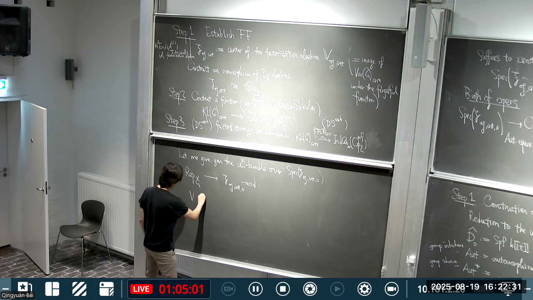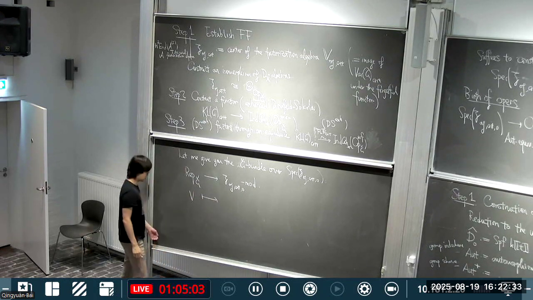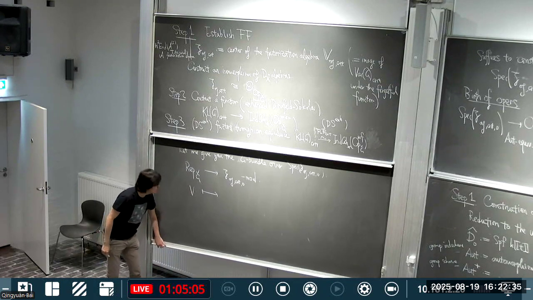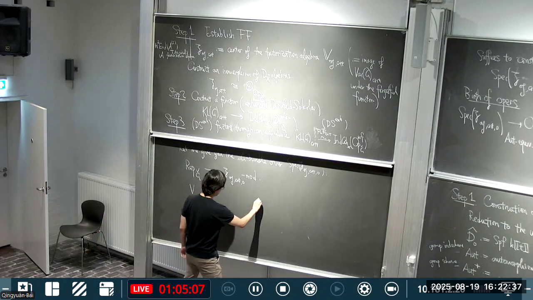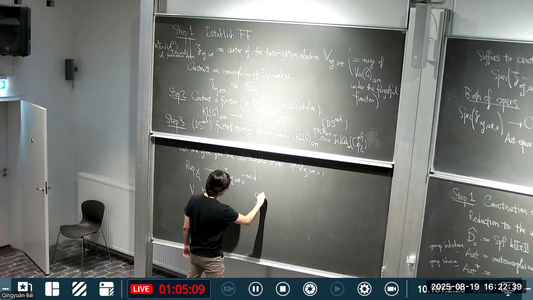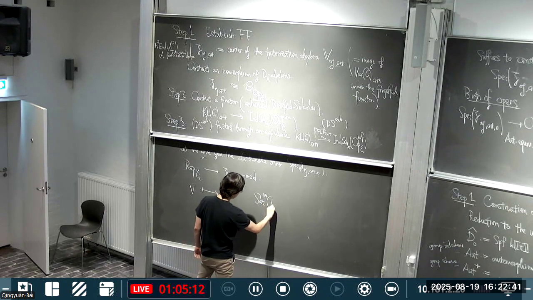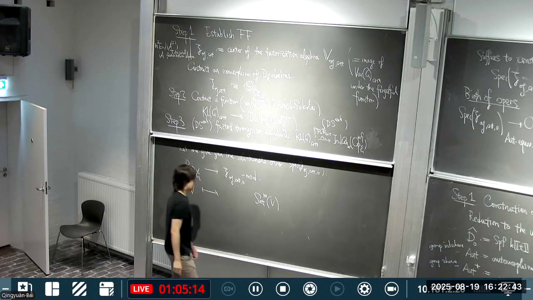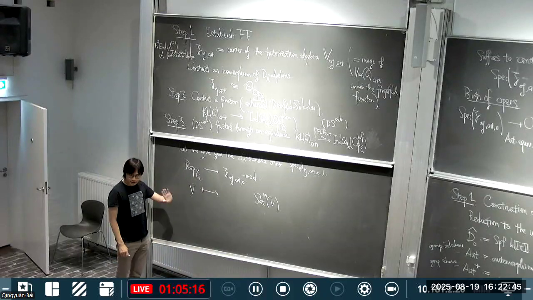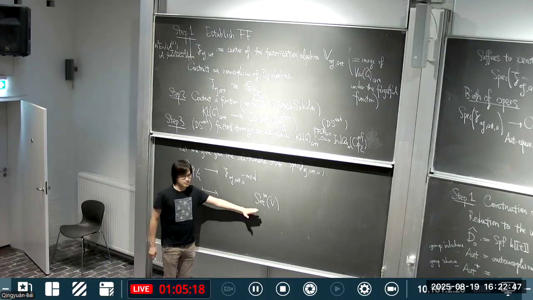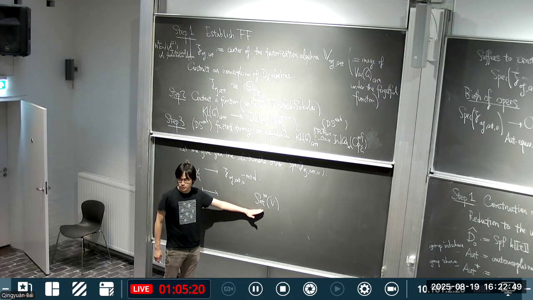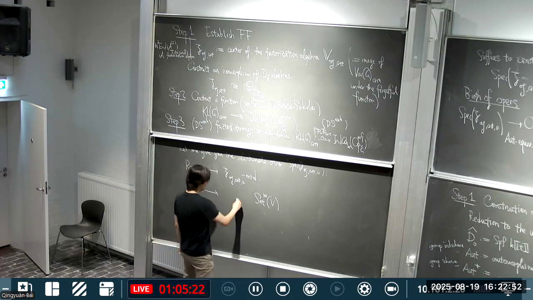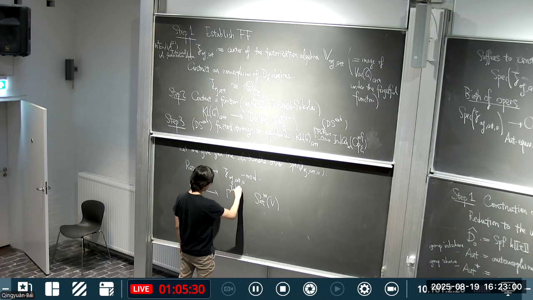It will always creep in via geometric Satake. So it will send V to the naive Satake functor applied to V. Here it's very important to actually think of this as critically twisted D-modules on the Grassmannian. And now what you can do is forget it into a unit coherent sheaf on the affine Grassmannian.